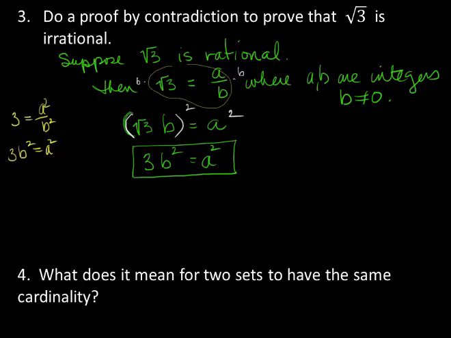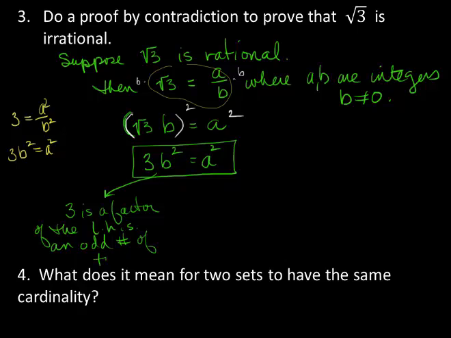And now I'm going to argue this quickly because you're not going to have to write out this whole argument, but we see on the left-hand side that 3 is a factor of the left-hand side an odd number of times. Why? Because b squared is a perfect square, and 3 is in b squared an even number of times.